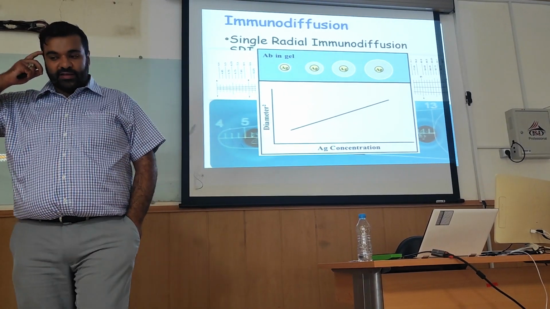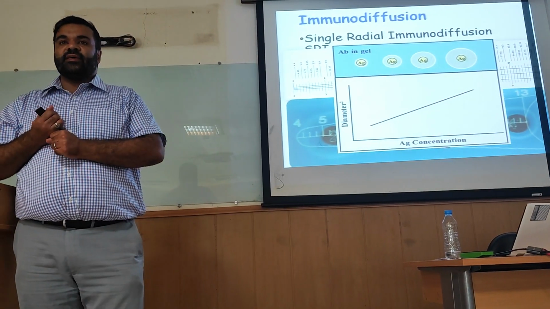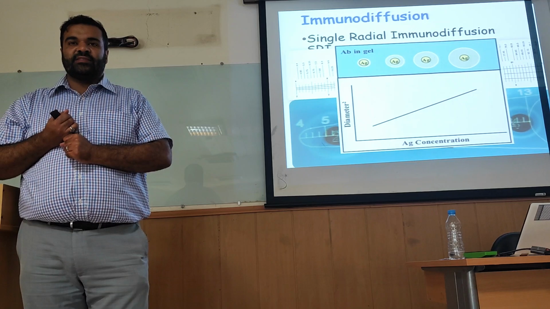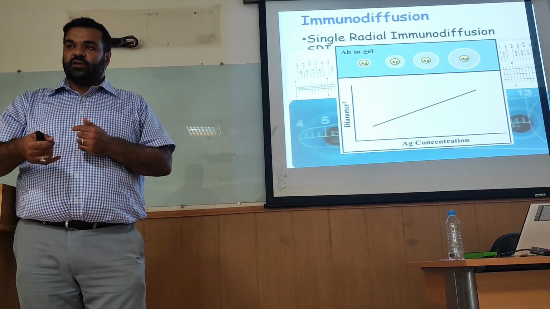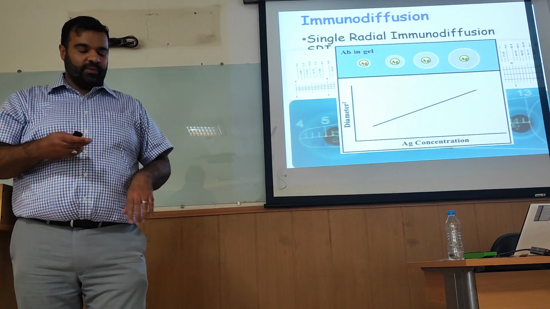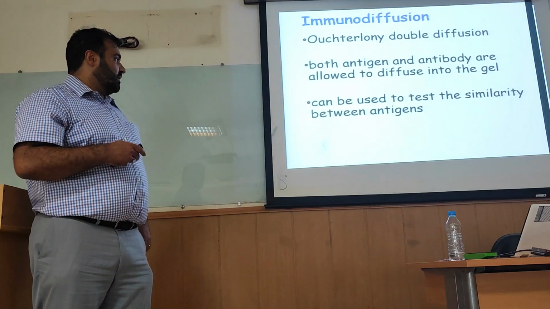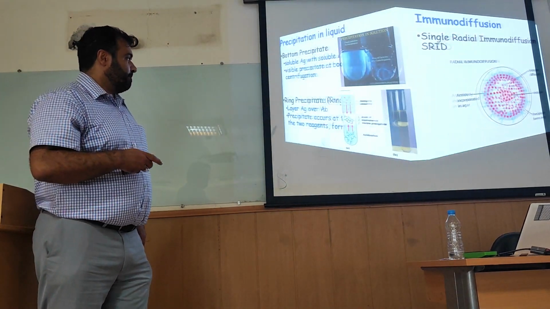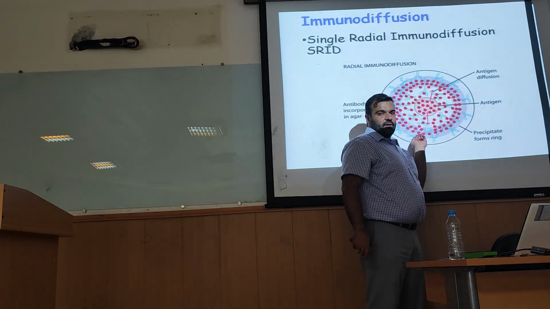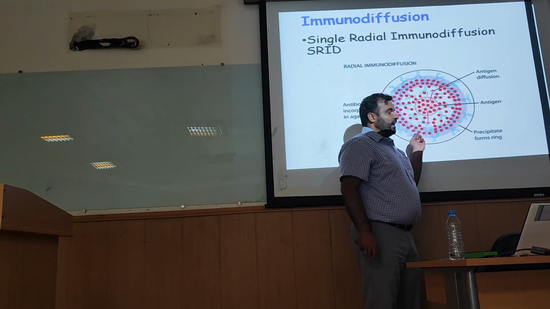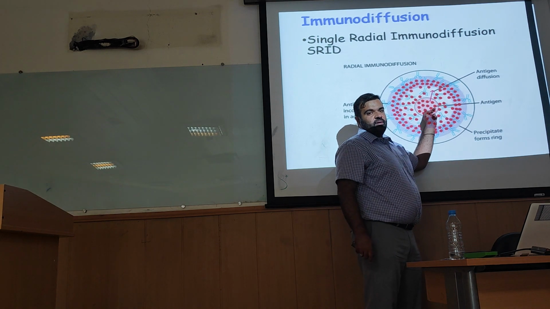Okay. Why is it important? One, it can tell us if a patient has antigen towards a specific antibody, or the opposite. Remember, let me go back here. What did I say? In the agar gel, what did they put here? Antibody. And in the middle, what do you drop?